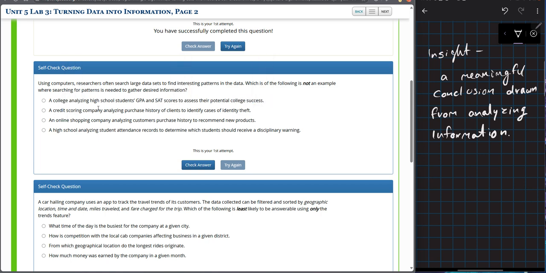A credit scoring company analyzing purchase history of clients to identify cases of identity theft. This one's tricky because you may not know what purchase history means or identity theft.